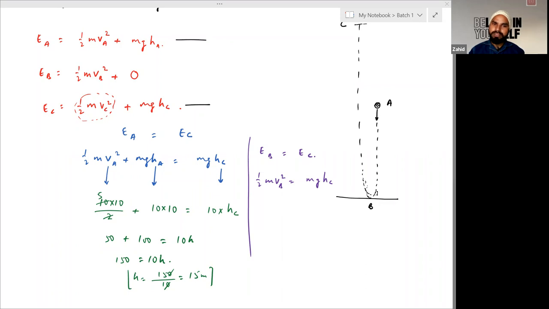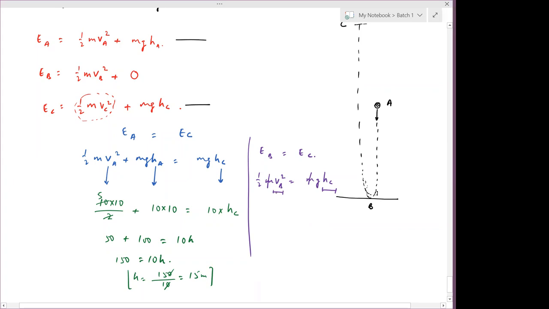We have to find velocity at point B. We have found height at point C as 15 meters. So m and m will cancel out. Put the values of gravity and height and try to find velocity at point B. Okay, sir.